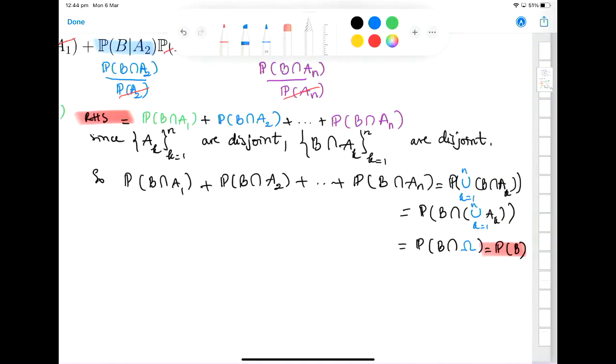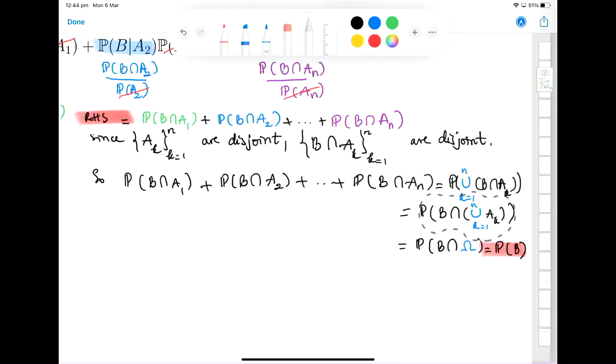Therefore, this sum of the probability equals the probability of the union. And the union of all B intersect with AK equals B intersect with the union.